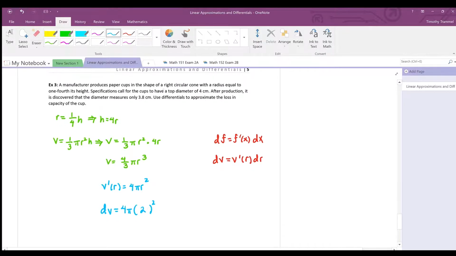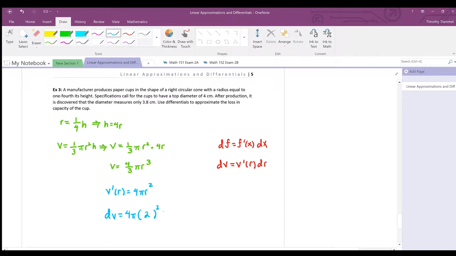You might be wondering why I chose to use r equals 2 centimeters over r equals 1.9 centimeters here in this formula. And the reason is when we're going to compute this change in volume, we want this calculation to be as easy as possible. So we're going to plug in the nicer number here, 2.